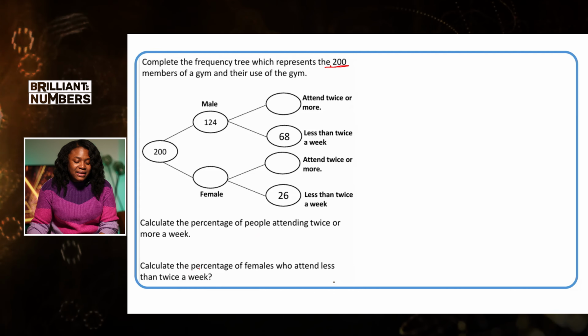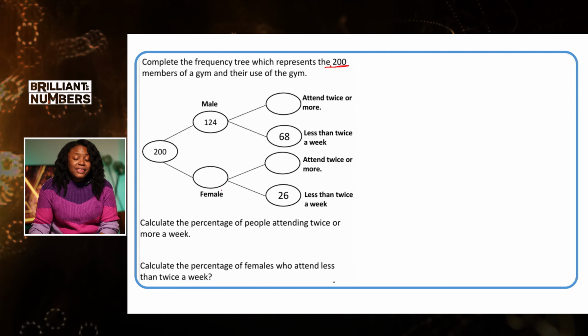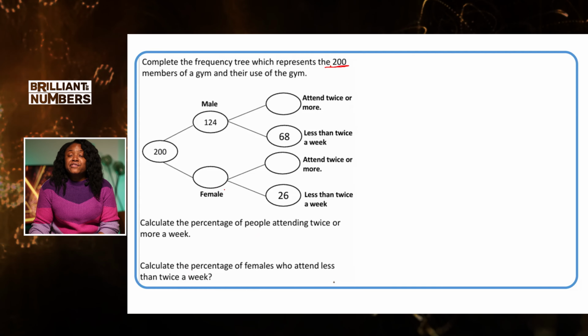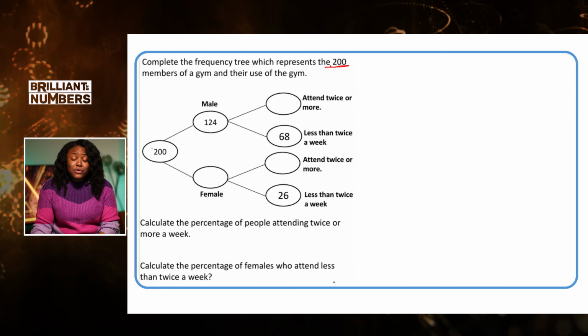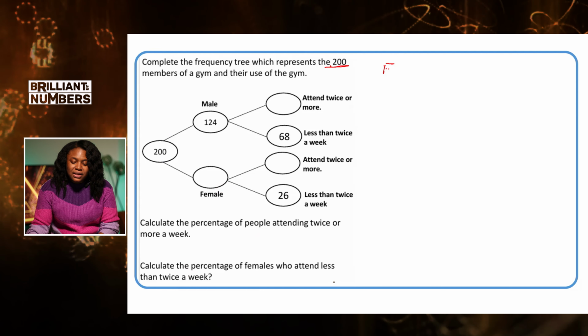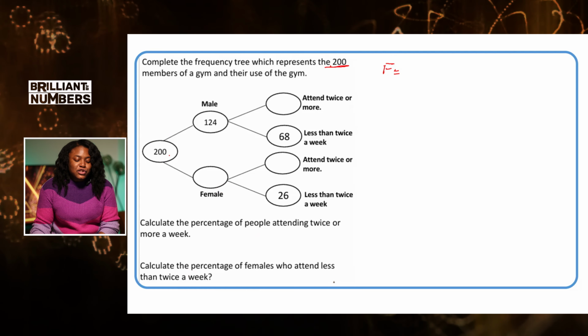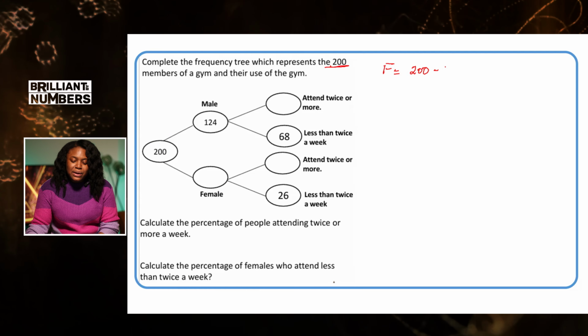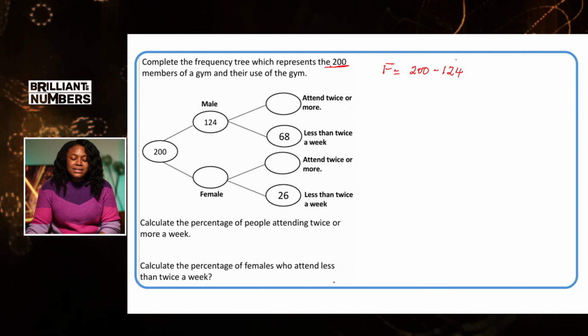So we go ahead and we can see here that the first thing we need to do is to calculate the missing number for the females. So we know the total is 200. So I'm just going to write here female is equal to the total take away male, which is 200 take away 124.